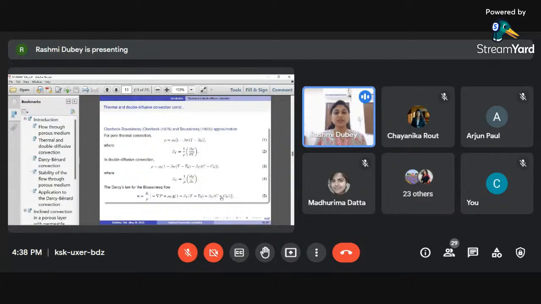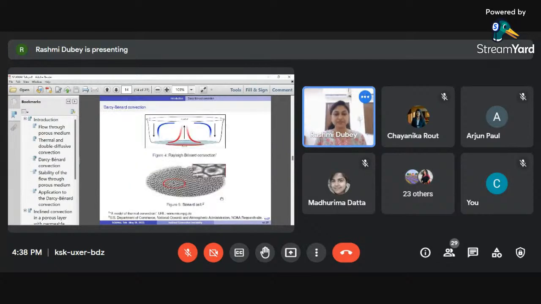Now let's go to the Darcy-Bénard convection. Before that, we should know what is Rayleigh-Bénard convection. Rayleigh-Bénard convection happens when we have a clear fluid layer. Suppose we have a clear fluid layer and it is confined between two boundaries. Lower one is kept at a higher temperature and the upper one is kept at a lower temperature.